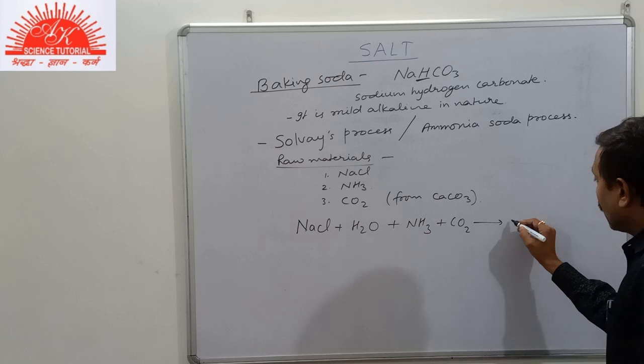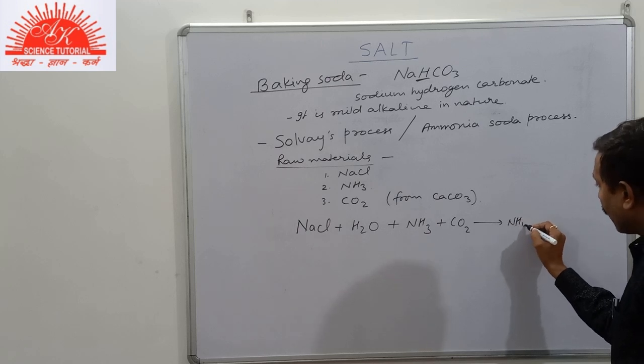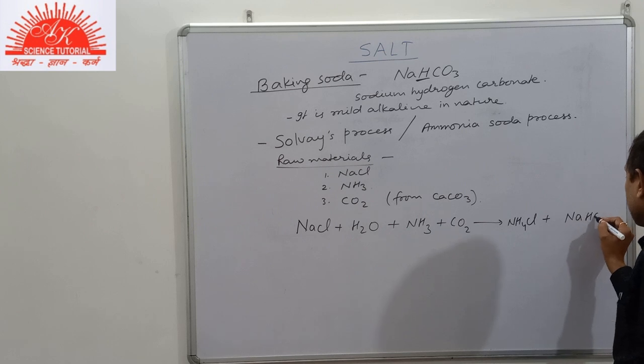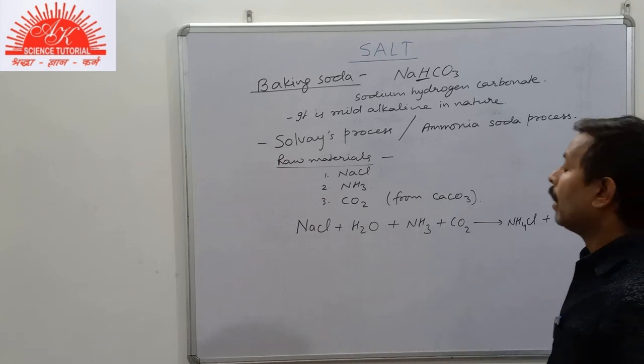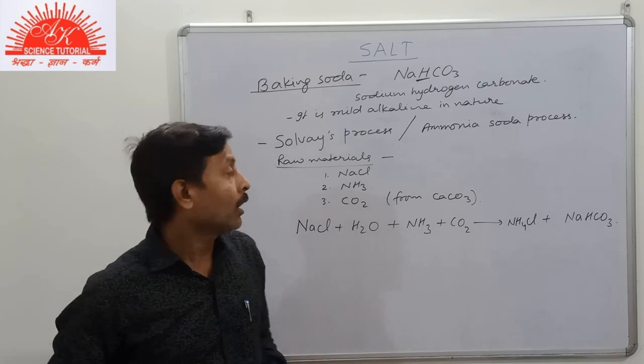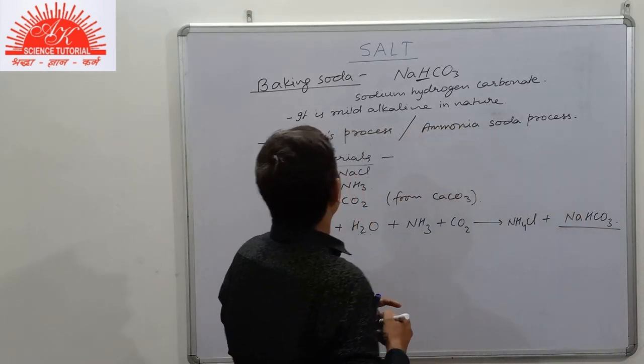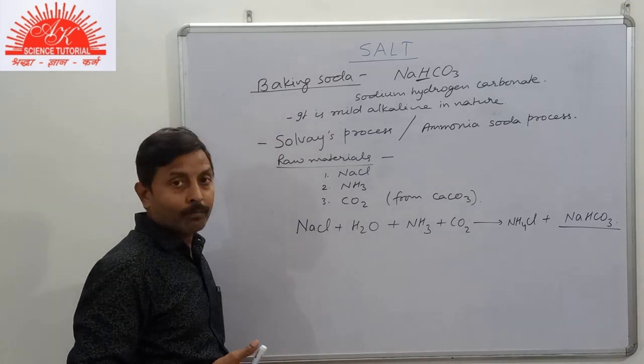As a result, the products are ammonium chloride and NaHCO3. So from this solution we obtain sodium bicarbonate, that is the baking soda.